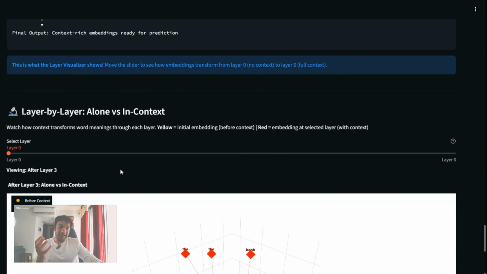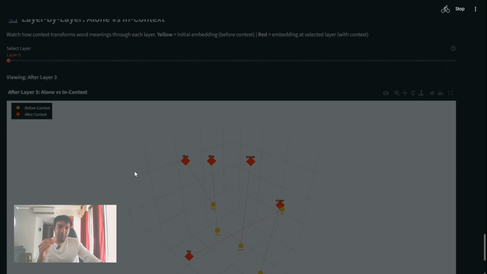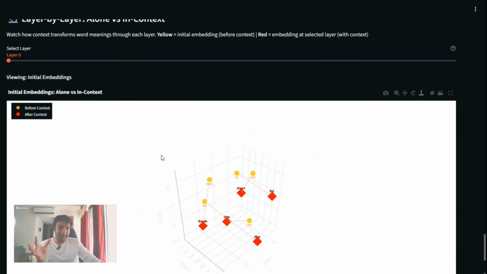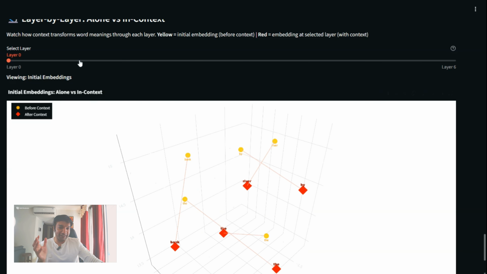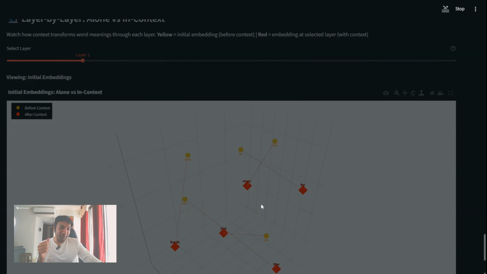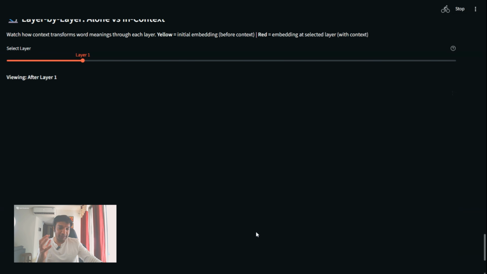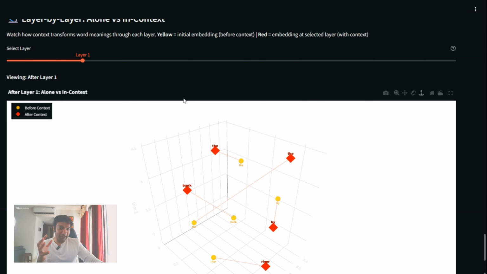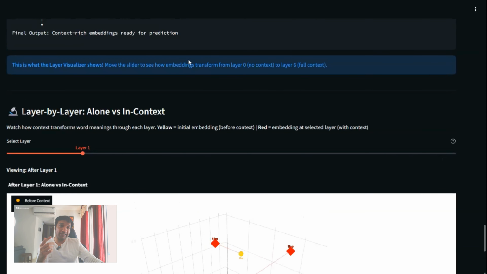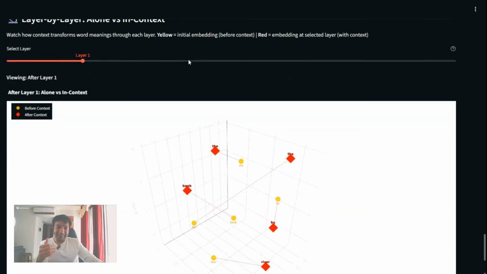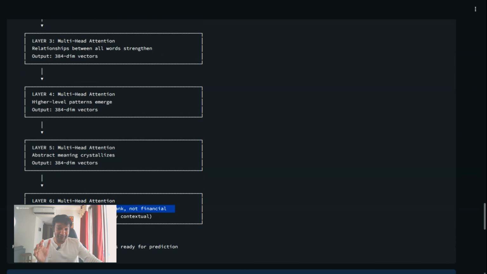So if you see, each layer moved the words around a little bit according to whatever it was establishing, right? Layer 1 moved this a little bit, layer 2 moved this a little bit, and it explored the higher dimensional space to get to a common understanding of what the prompt actually is intending to do. This is what self-attention is.